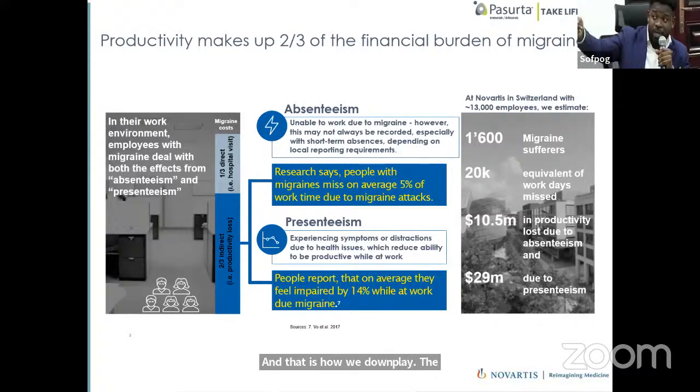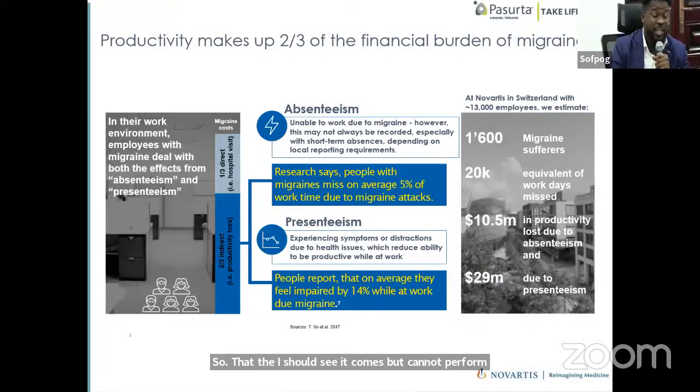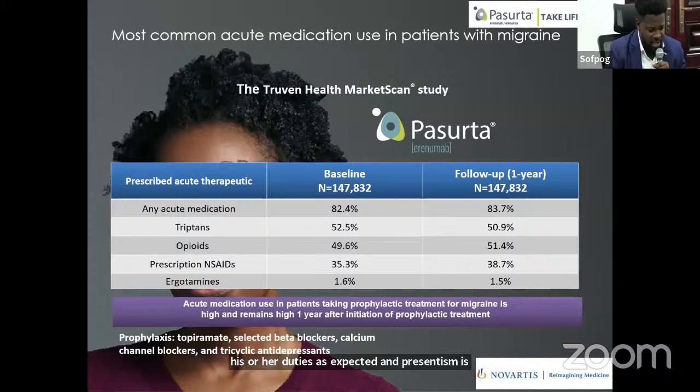So due to that, presenteeism is costing us almost 30 million because the associate is tired of asking for excuse. So the associate comes but cannot perform his or her duties as expected. And presenteeism is actually more expensive than absenteeism.